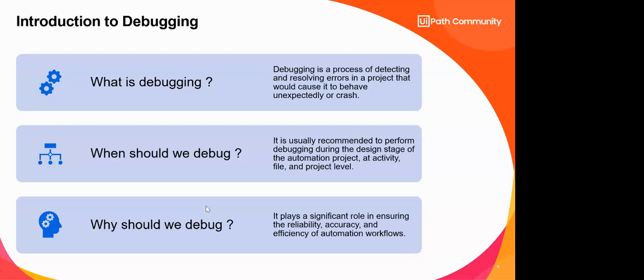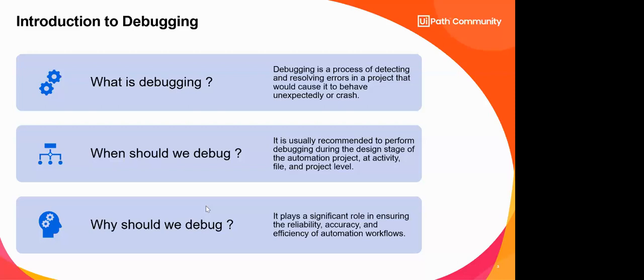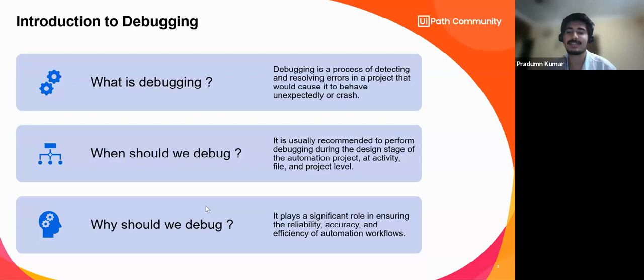What should be the reason behind debugging? To analyze the root cause of the problem. Correct. Other answers, please. Do you think debugging allows us to gain confidence on our project, on the code? Yes, nice.